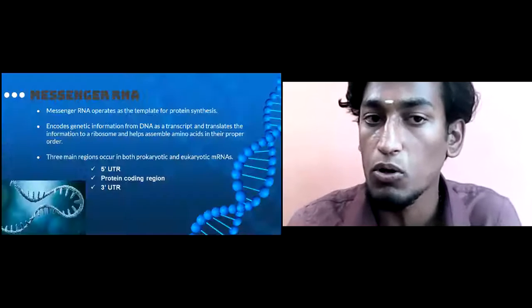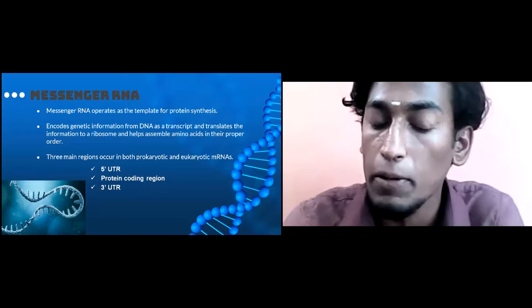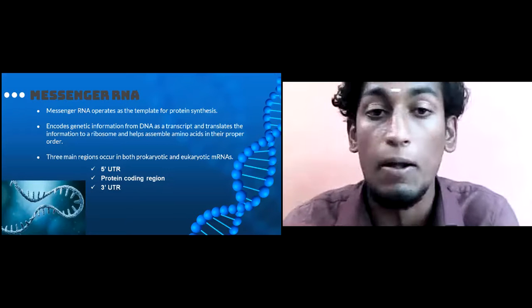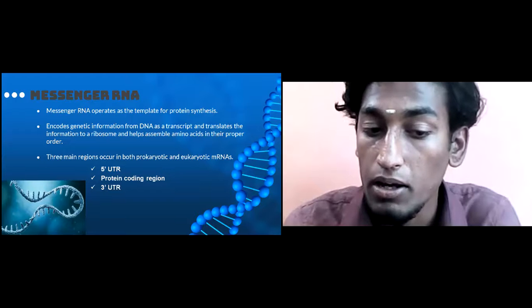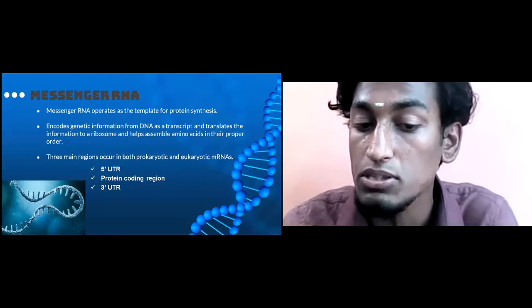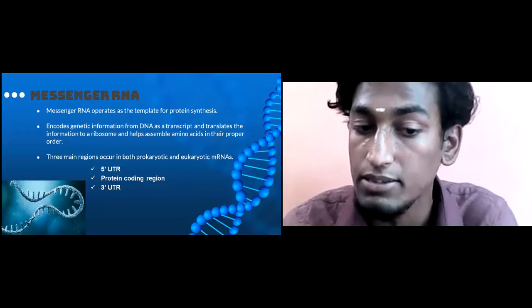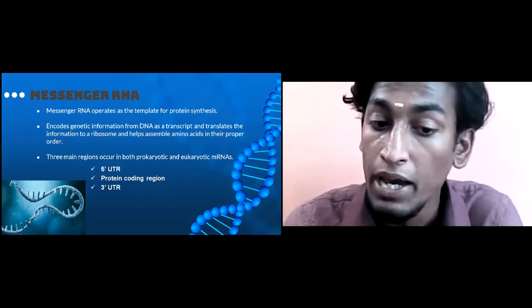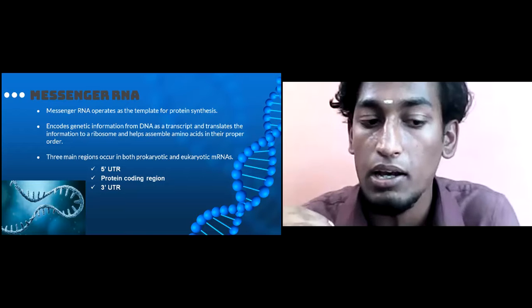Let me talk about what mRNA, the messenger RNA, is. The messenger RNA operates as a template for protein synthesis. It encodes genetic information from the DNA as a transcript and carries the information to a ribosome, helping to assemble the amino acids in a proper, sequential order.